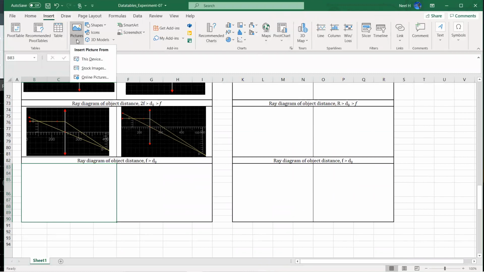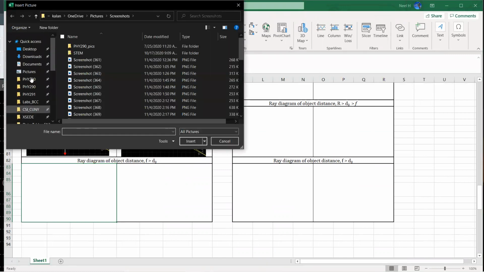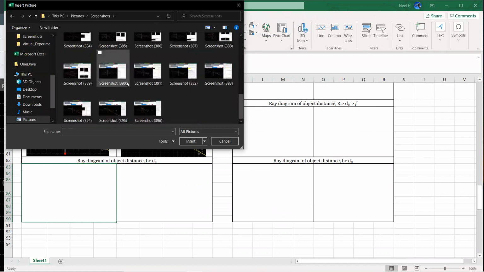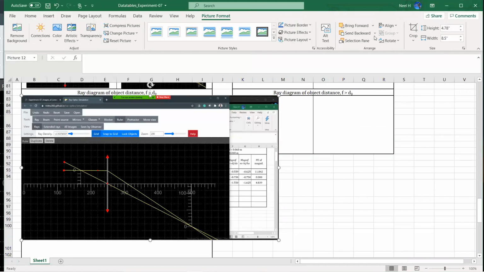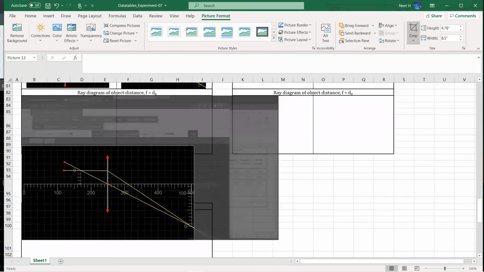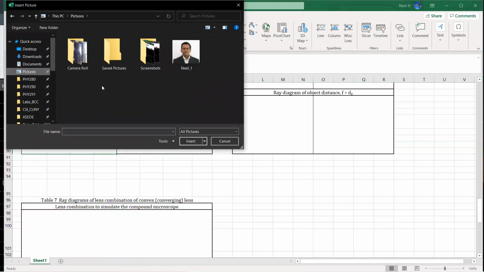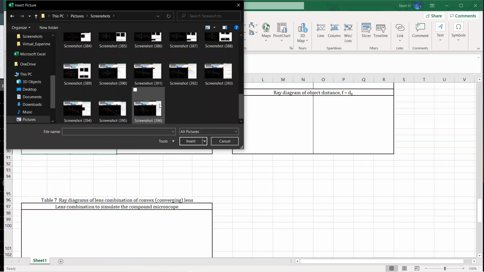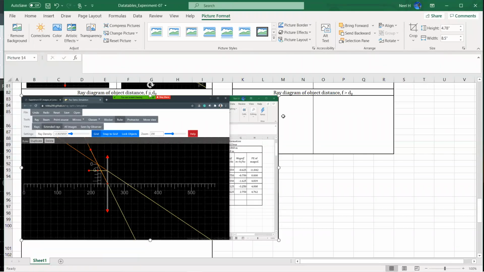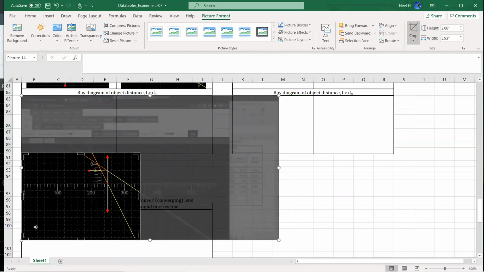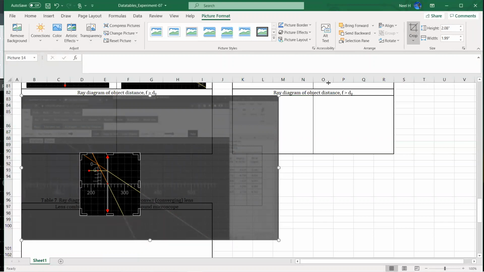Insert those two ray diagrams. I think I did not take the picture of the other ray diagram.